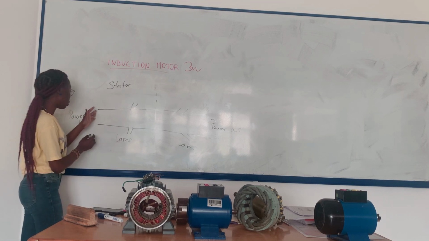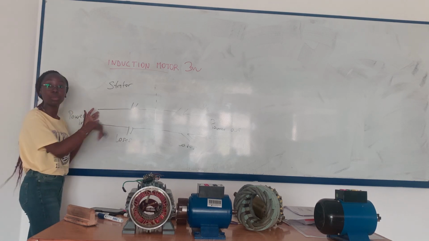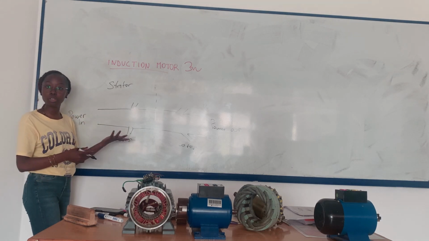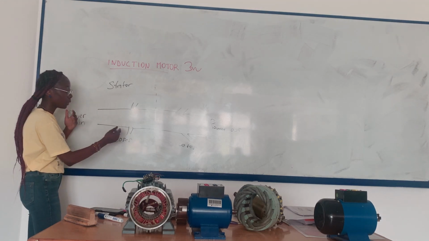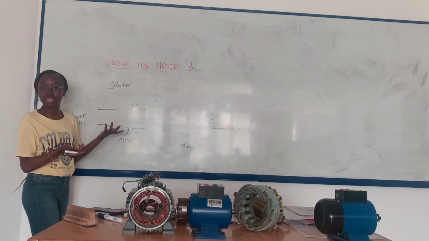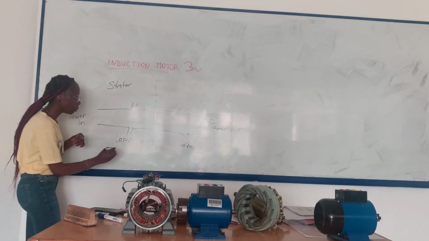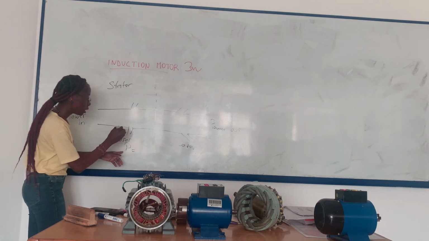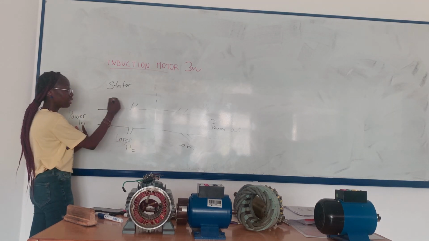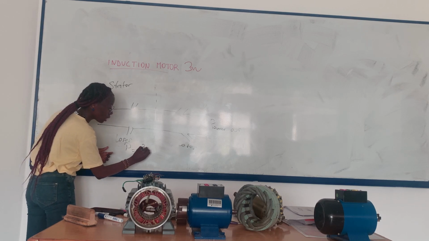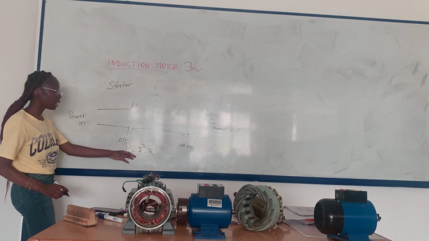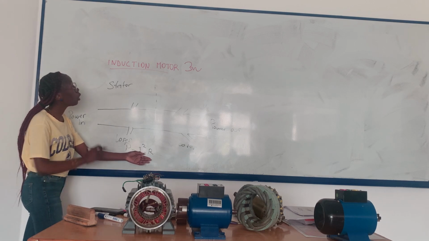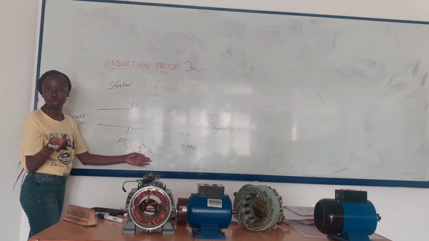But in that power, we have some losses due to hysteresis current or Foucault current, due to heat. There is one formula which says that the power lost due to resistance inside the stator is equal to I squared times R. This formula is valid for all types of induction motor.